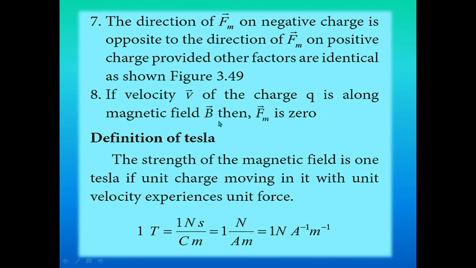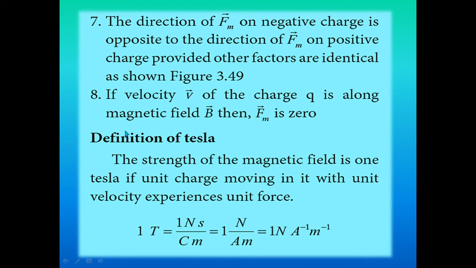Here Q moving along the magnetic field means force is equal to 0, because the charge is not affected by the magnetic field, as both the field and the charge are moving in the same direction, that means parallel. So there is no force acting on the charge Q, that is why the force is 0.